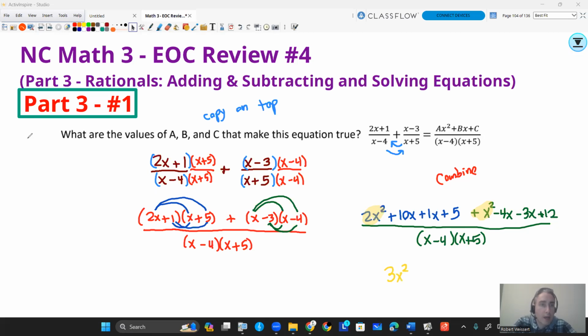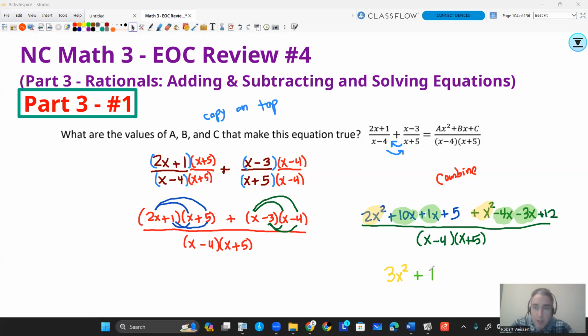All right, we got a whole bunch of x's. So let's see, we got 10x, 1x, that's 11x. 11 minus 4 is 7. Minus 3 is 4. So let's write that as 4x.